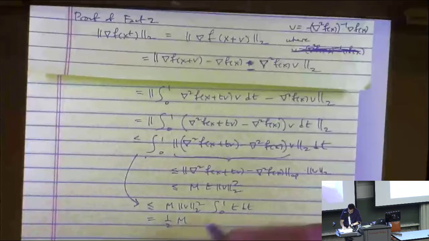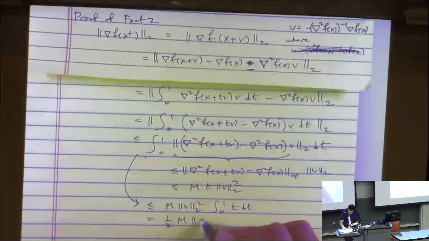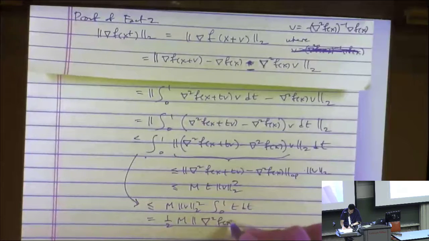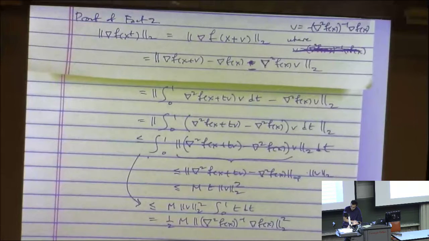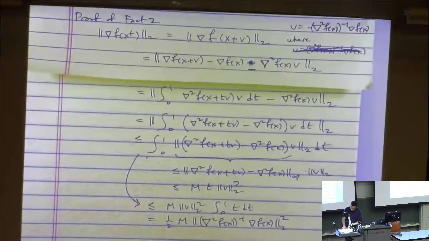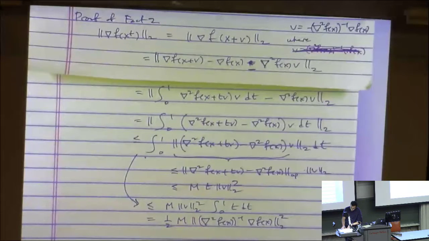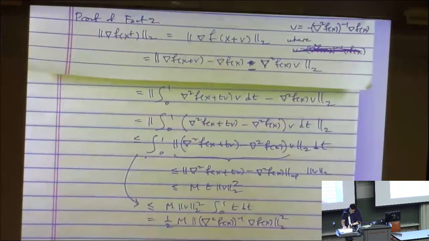And let's remember what v was. v was the negative Hessian inverse the gradient. The negative doesn't matter since we're putting it inside of a norm. And now we're going to use strong convexity.